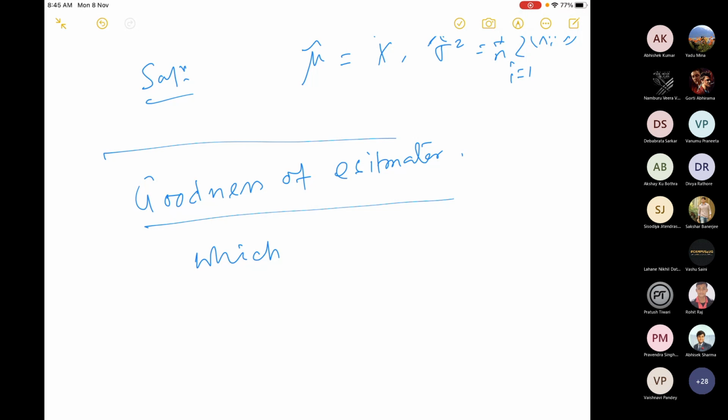So which estimator is better? That's the question. So basically we are trying to evaluate the goodness of an estimator.